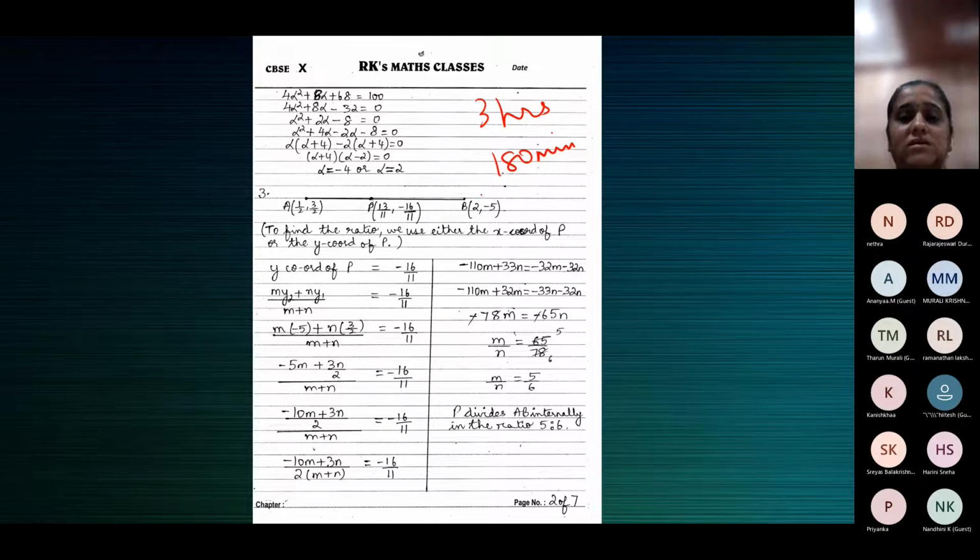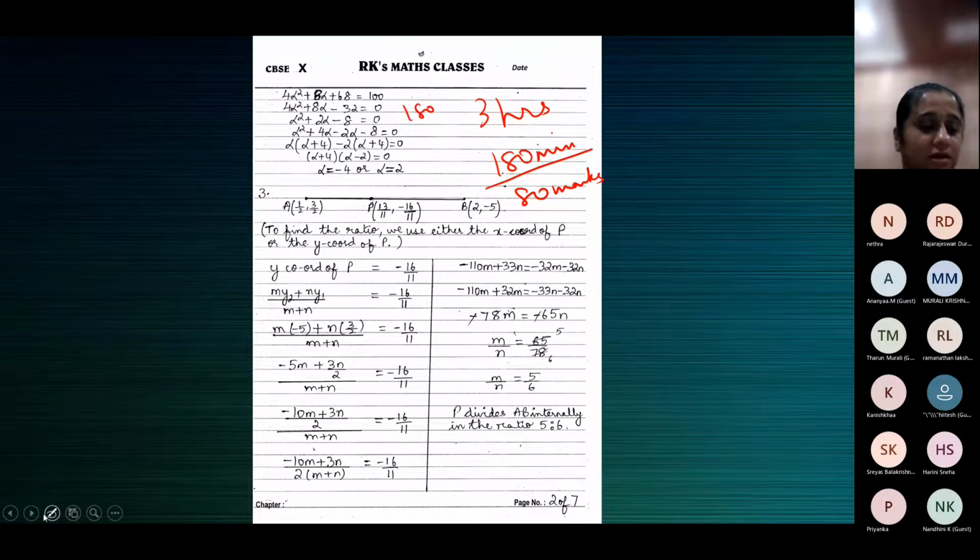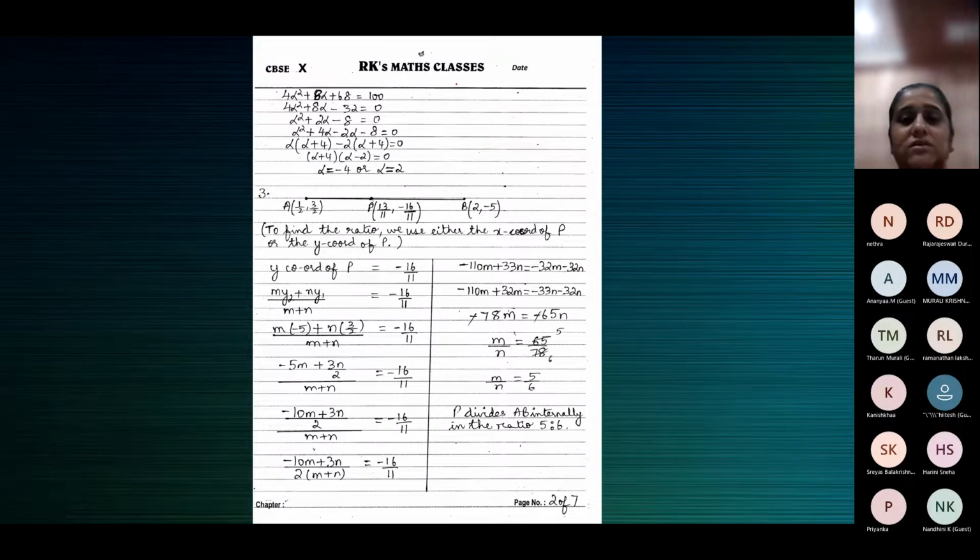In 180 minutes, you'll have to complete a paper worth 80 marks. So what do you get on dividing?